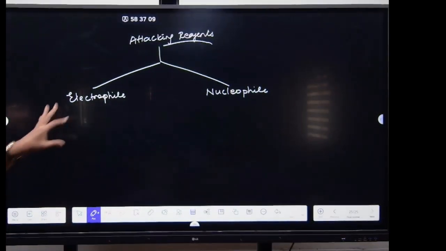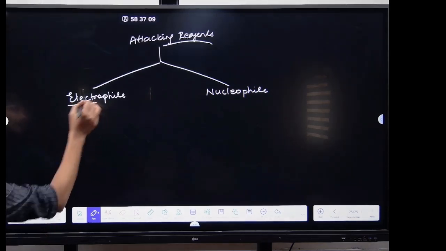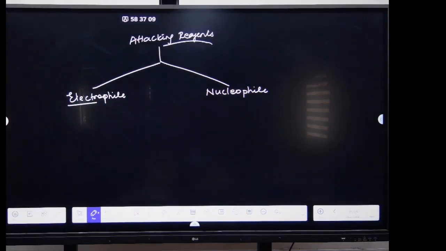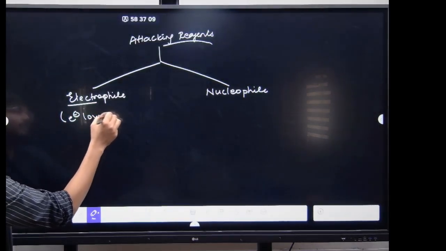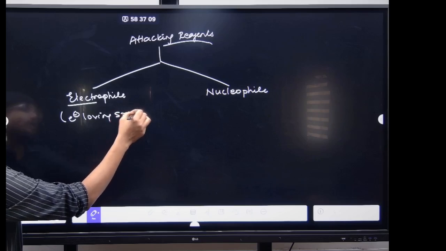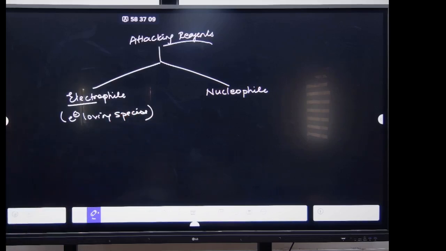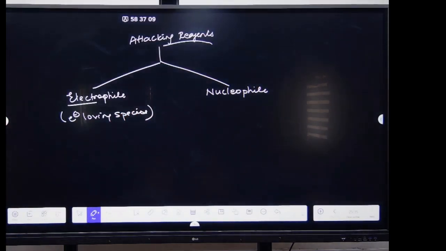See here, electrophile: electro means electron, phile means loving one. So it is basically an electron loving species. Which species will love electrons? Which have a scarcity of electrons. The species which have a scarcity of electrons will attract the electron density towards it, isn't it?